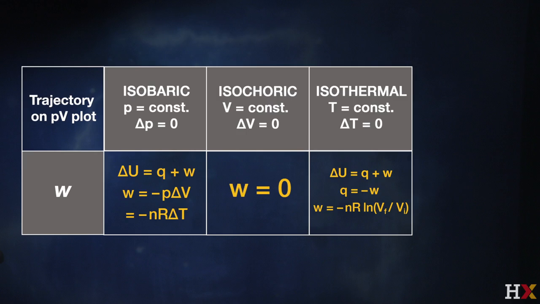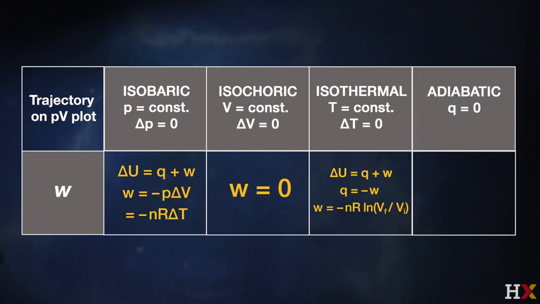Very, very handy expression for work. Now, the adiabatic case. So delta U is equal to Q plus W. Q is equal to 0, so the work term is equal to the change in internal energy of the system. But I know how to calculate that. That's equal to the number of moles times the specific heat capacity at constant volume times the change in temperature.